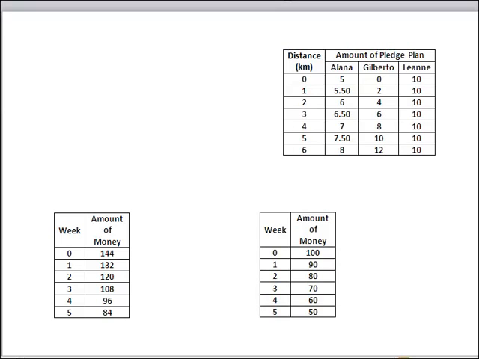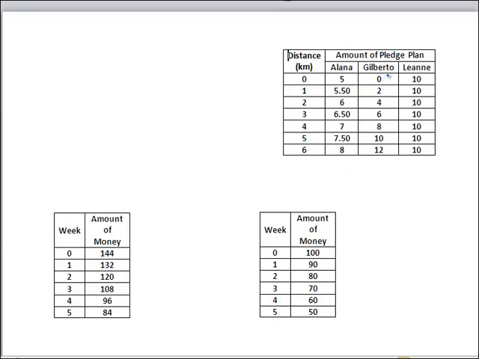The first problem we talked about had three students, Alana, Gilberto, and Leanne, and those students went out and got pledges. So Alana, we said, got $5 up front and then 50 cents per kilometer. As you can see over here, for the first row, for 0 kilometers, she got $5. And then it's going up every kilometer that she walks by 50 cents.